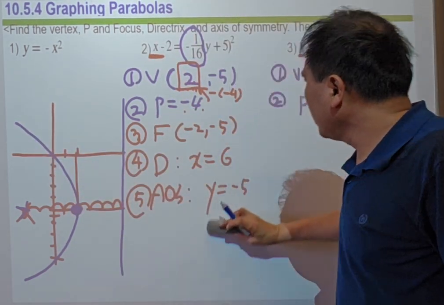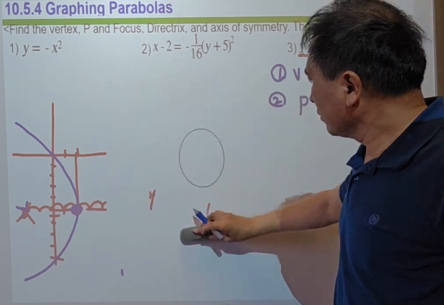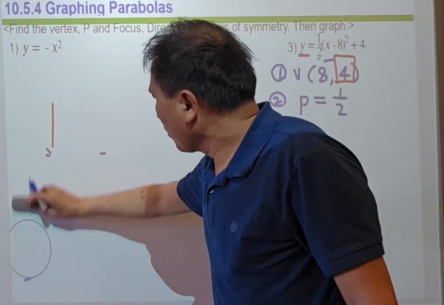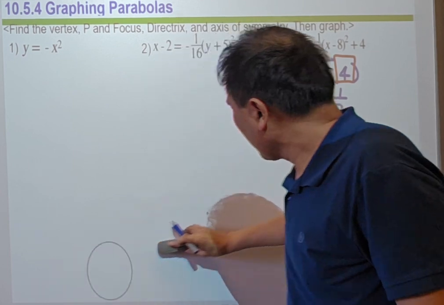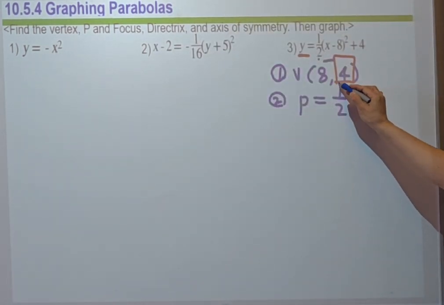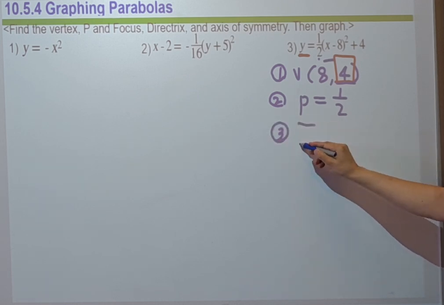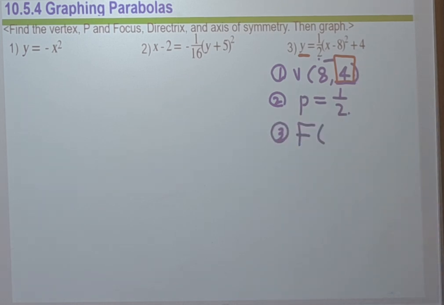Okay, let's do the last one. Okay, so P is 1/2, but on the Y value there. So now for the focus, you add this one here, right?